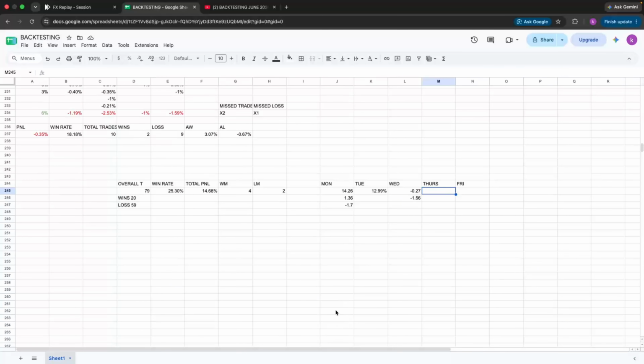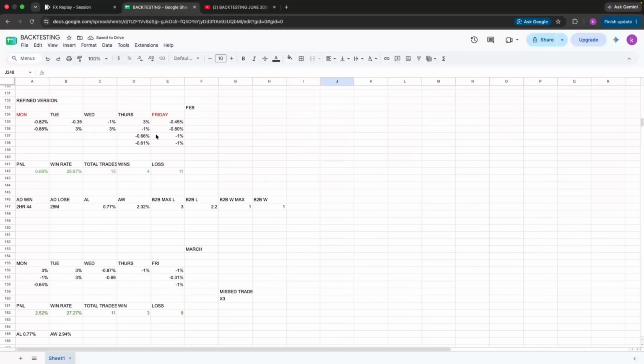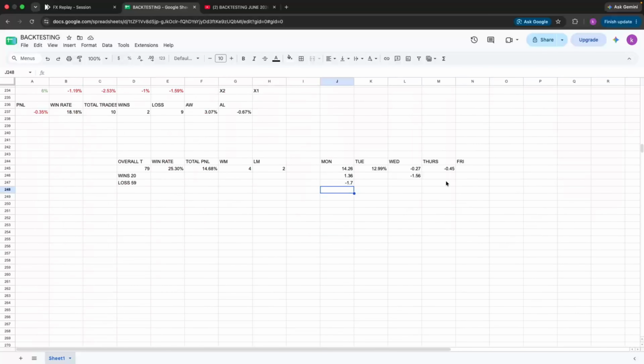So far that is minus 0.45, and then do that one now. So 3 minus 1 minus 0.66 minus 0.61 is 0.73. 0.73.